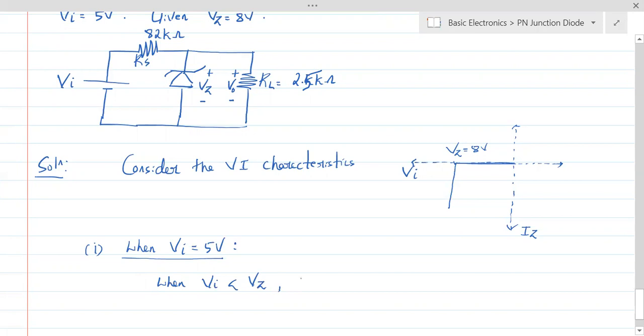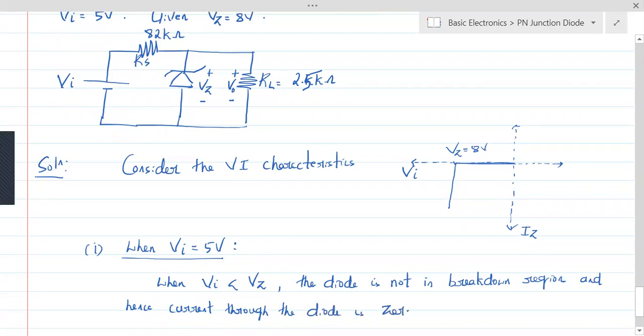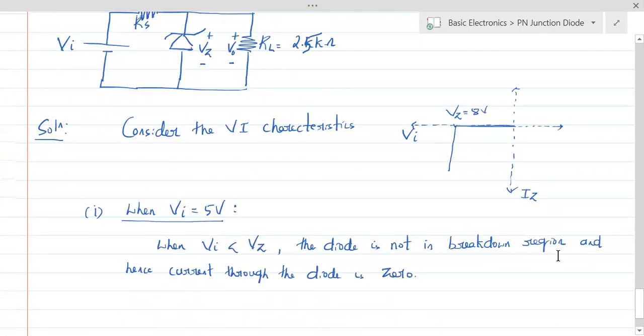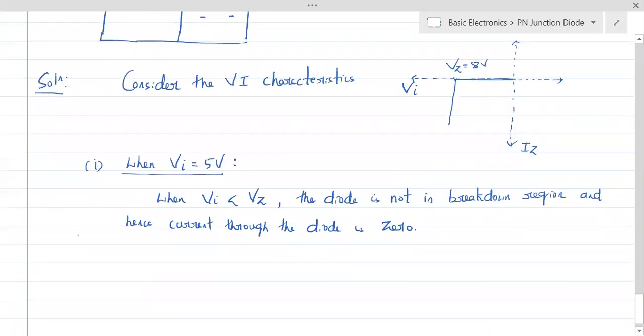The diode is not in breakdown region, and hence current through the diode is 0. See here, it is very clearly shown.